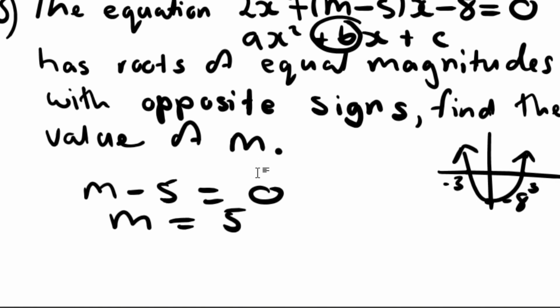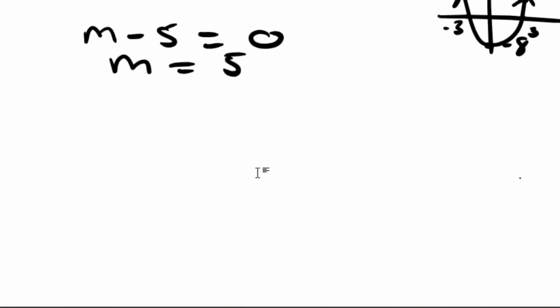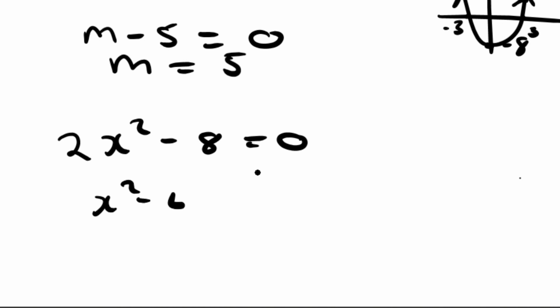We have 2x squared plus (5 minus 5)x minus 8. 5 minus 5 is 0, so 2x squared minus 8 equals 0. We divide everything by 2, and we have x squared minus 4 equals 0.